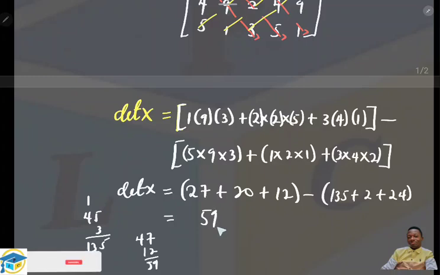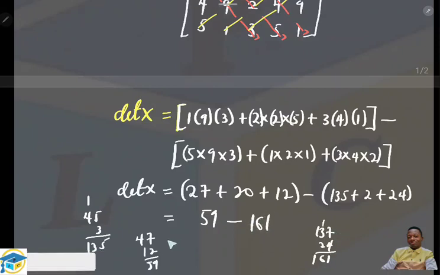So we're going to have 59 minus, and we add 135 plus 2, we are getting 137. 137 plus 24, we are getting 161.